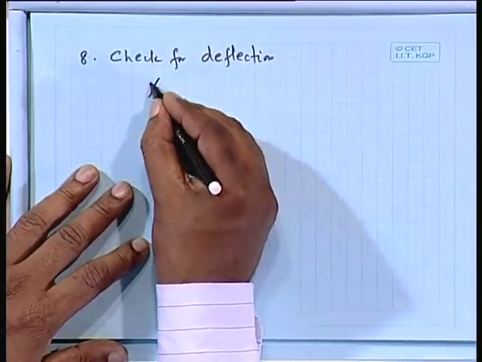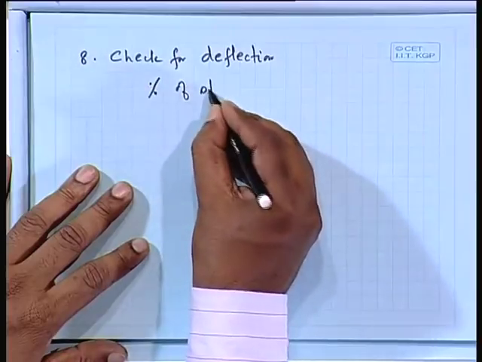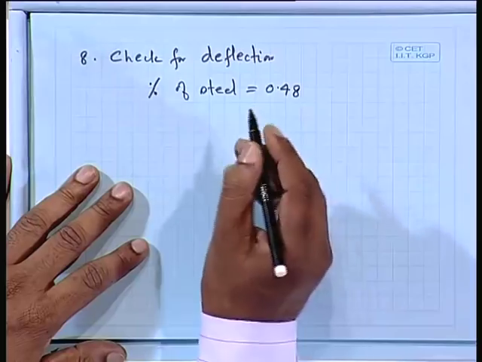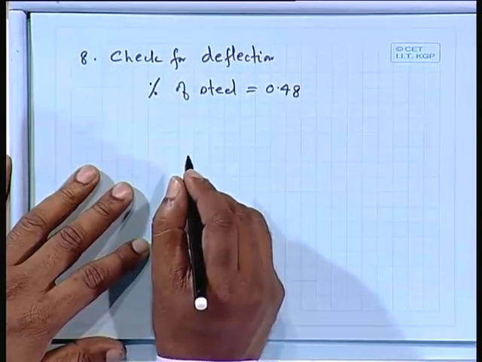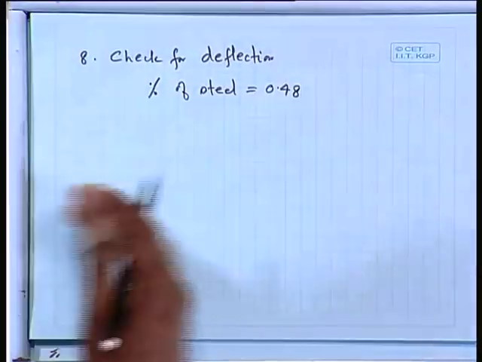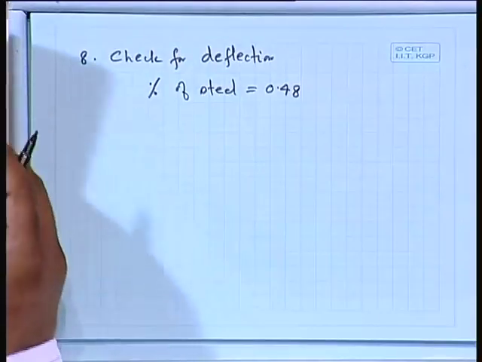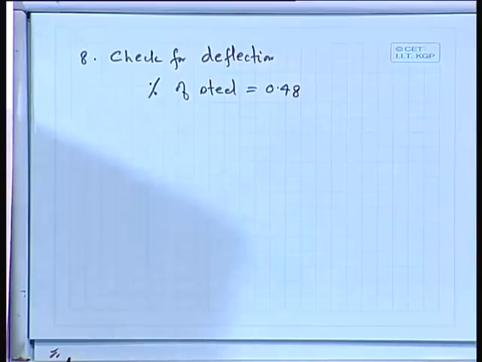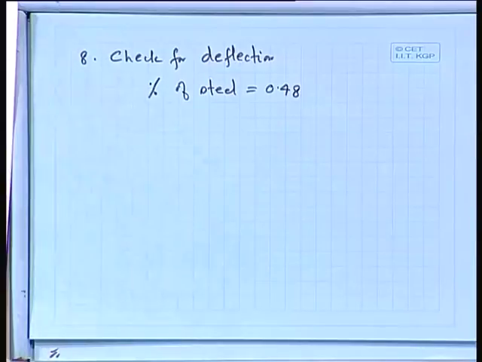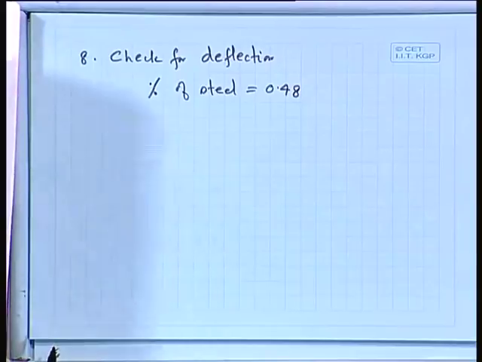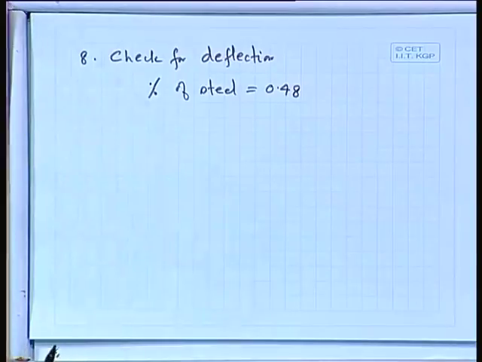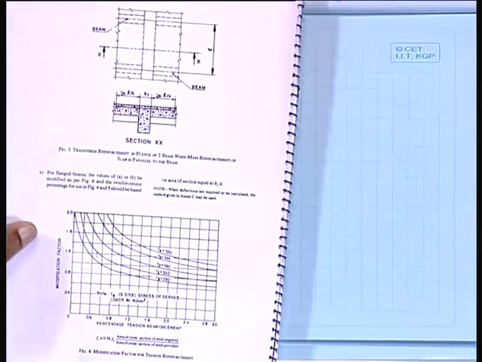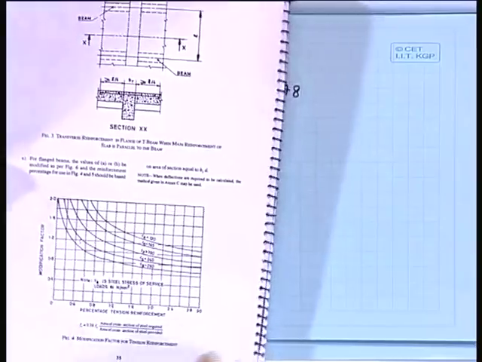So, we shall get it as percentage of steel provided, that is 0.48. So, if we now go back to that table or figure, just for your reference, that is in figure 4 of page 38 of the IS code, we shall take this one.